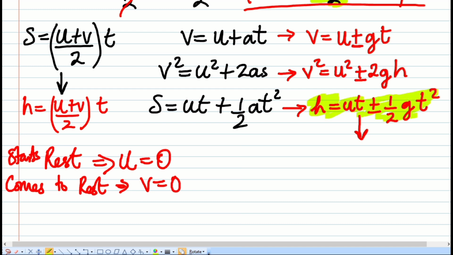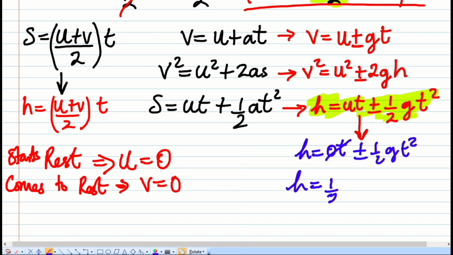When this body starts from rest, this first formula will now be h is equal to initial velocity, which will be 0 since it starts from rest, plus or minus half gt squared. Now anything times 0 is 0, so the whole of this will cancel out. We will now have a formula that says h is equal to half gt squared.